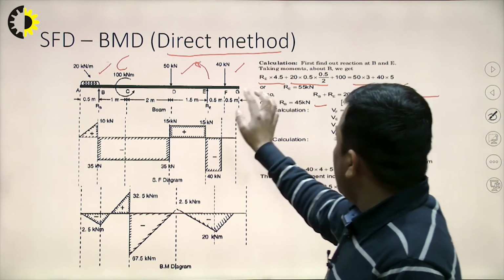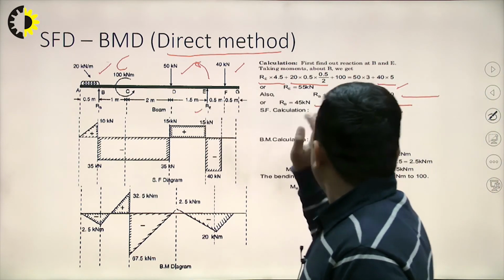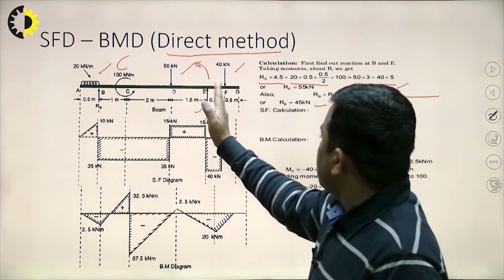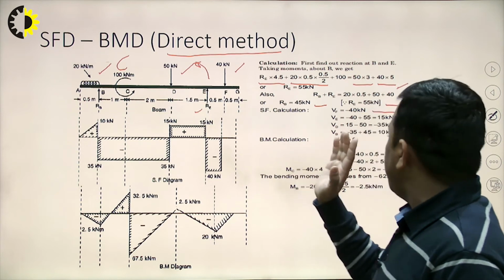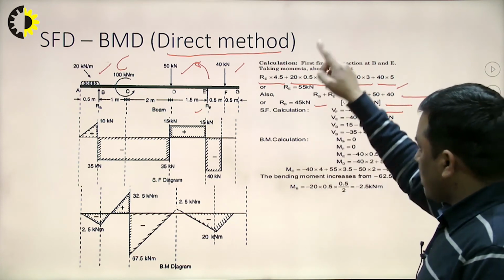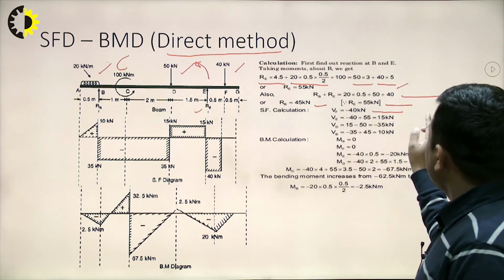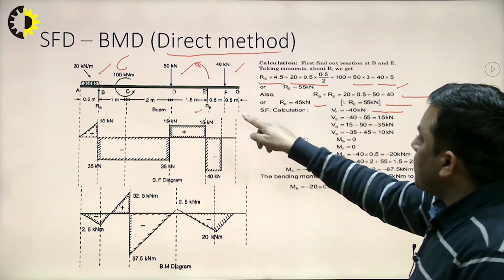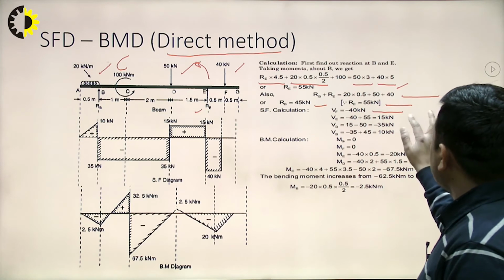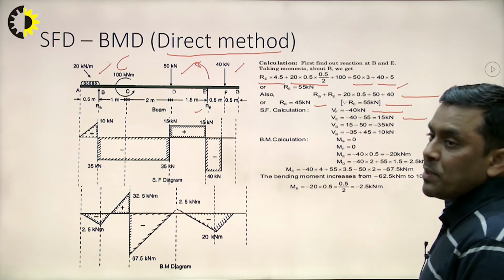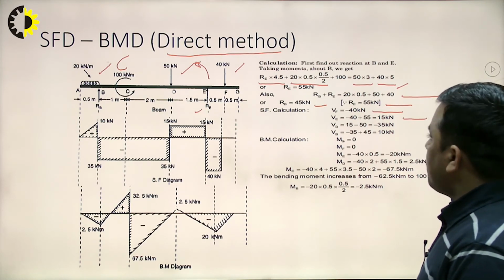Now, we come to the point E. At point E, up to point E on the right side there are two forces, minus 40 at F and 55, the support reaction at E. So, minus 40 plus 55, the algebraic sum of the forces, is coming out 15 kilonewton.